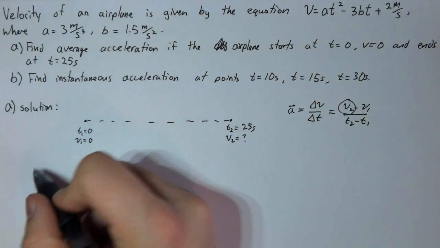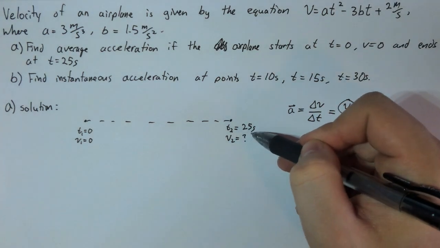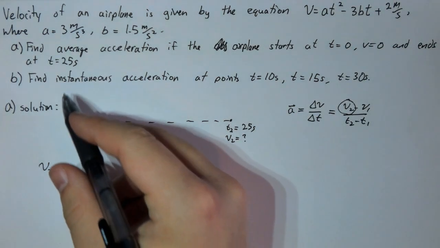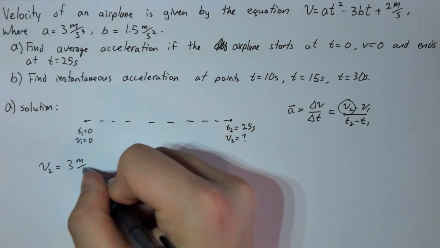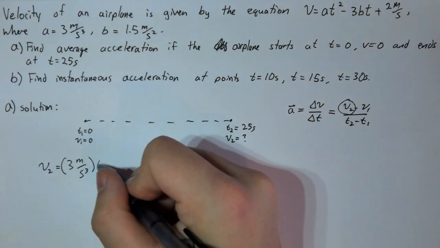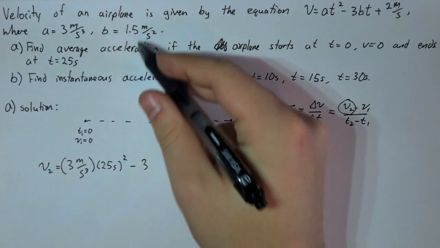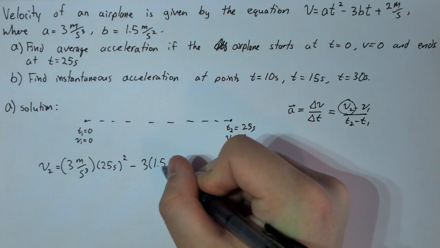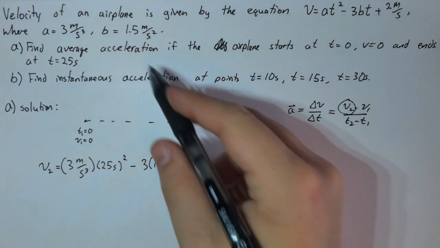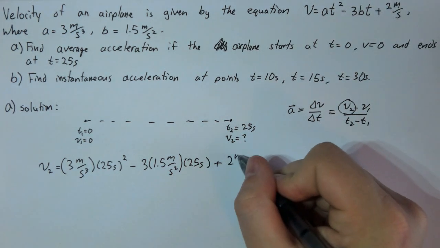Luckily, we have an equation for velocity, and we can simply plug in our time at t2 into that equation. So v2 is equal to our constant a, meters per second cubed, times 25 seconds squared, minus 3 times our constant b, 1.5 meters per second squared, times 25 seconds, plus 2 meters per second.